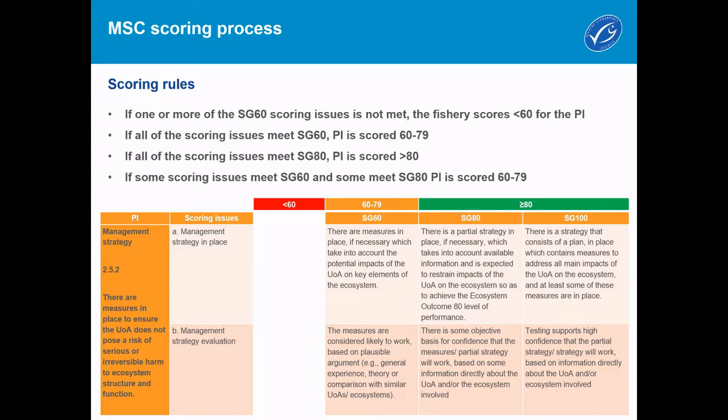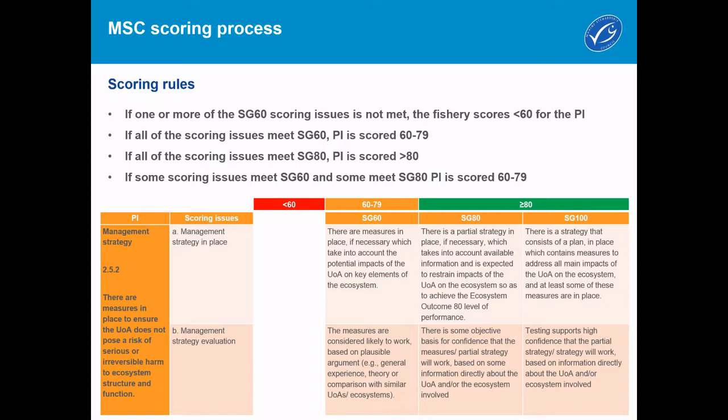If all of your scoring issues meet SG60, then the performance indicator gets a score of between 60 and 79. If all of the scoring issues meet the SG80 level, then the performance indicator will score equal to or above 80. However, if some scoring issues meet 60 and some meet 80, then the performance indicator as a whole is scored 60 to 79.